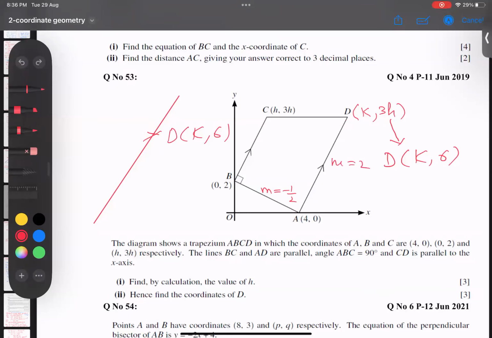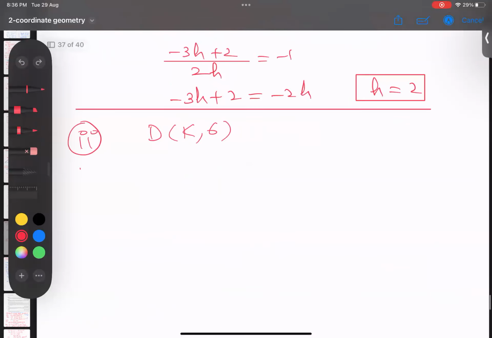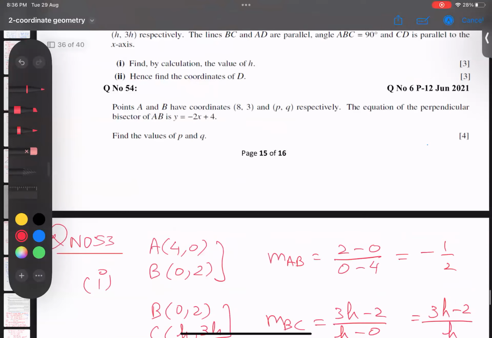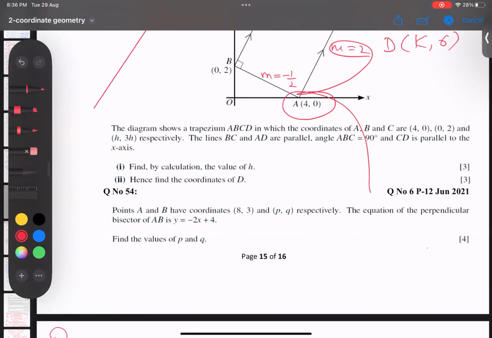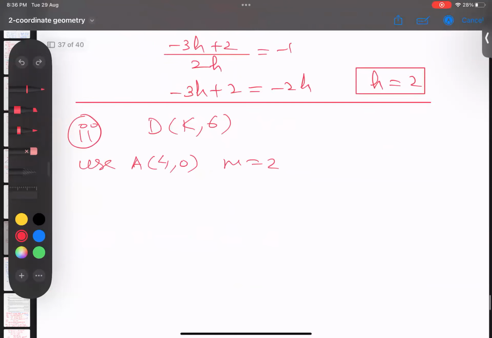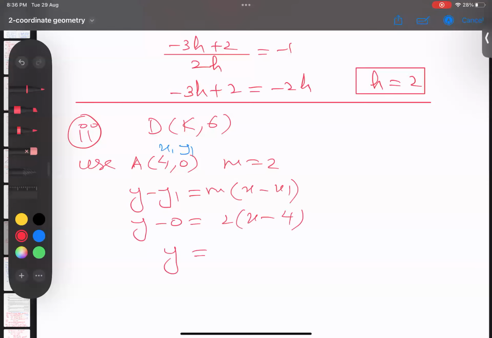I use A coordinate (4, 0) and m value 2. Formula: y minus y1 equals m times (x minus x1). So y minus 0 equals 2 times (x minus 4), and I get the equation y = 2x minus 8.